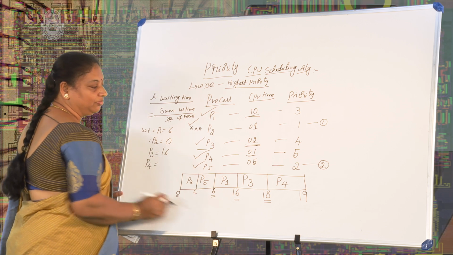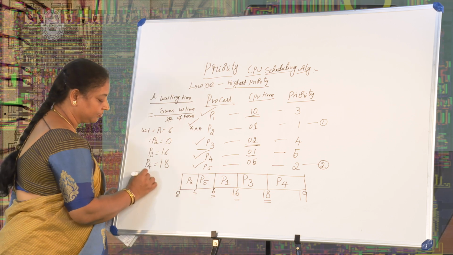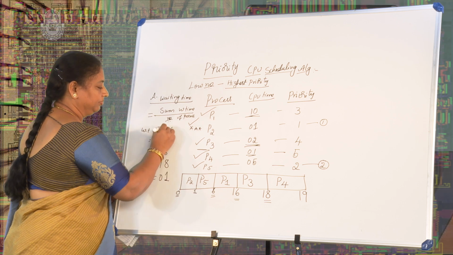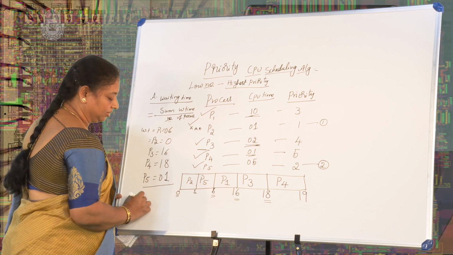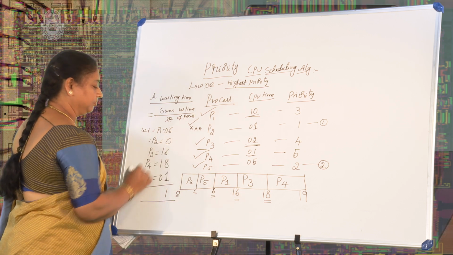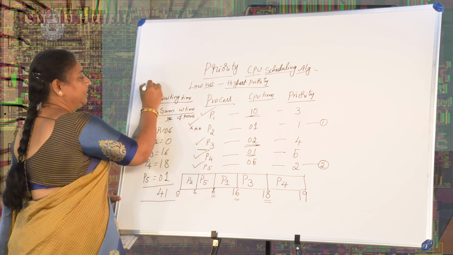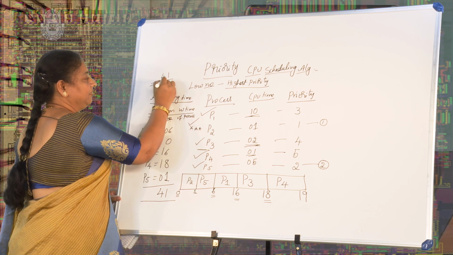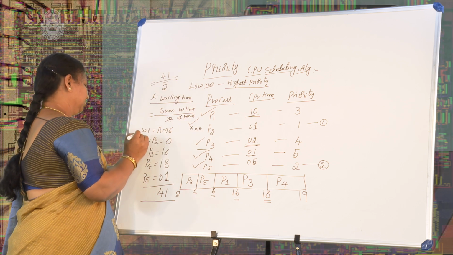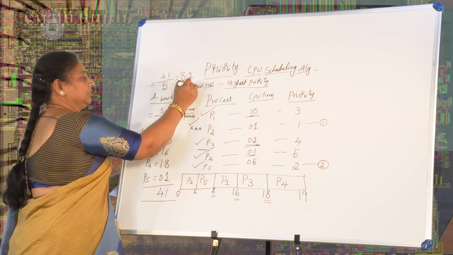Waiting time for P4 is 18. For P5 the waiting time is 1. So we will take the sum, which is 41. Now average waiting time is 41 divided by 5, and it is coming to 8.2 milliseconds.